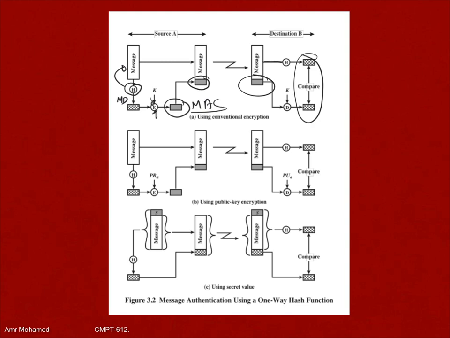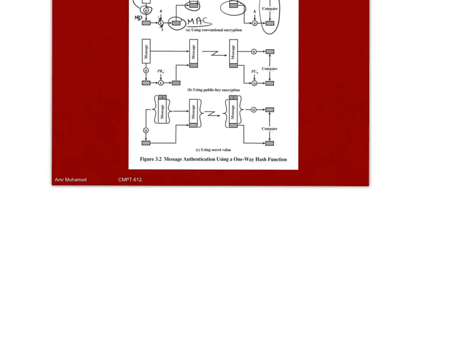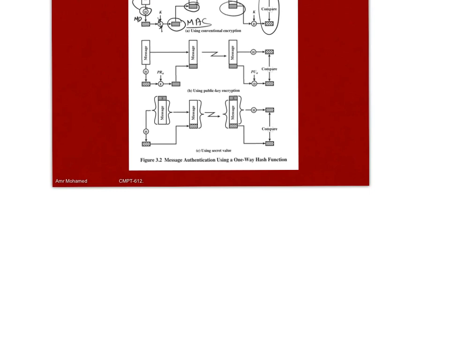In public cryptography, the only difference is that when we have a source trying to send a message to the destination, assuming we are trying to achieve confidentiality, we have two keys: a private key and a public key.